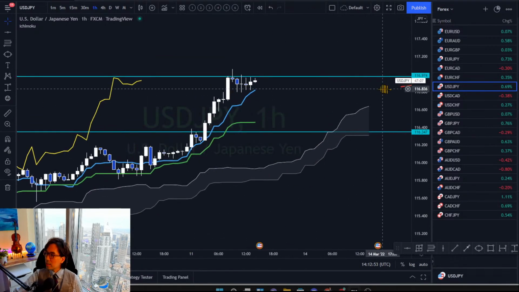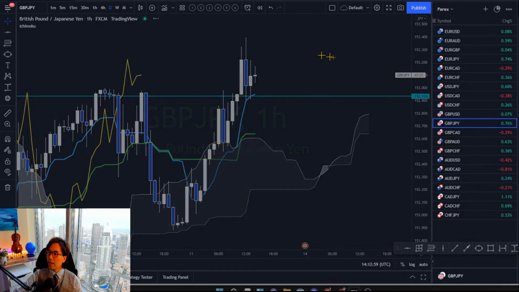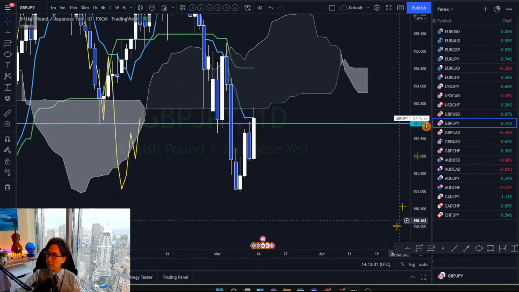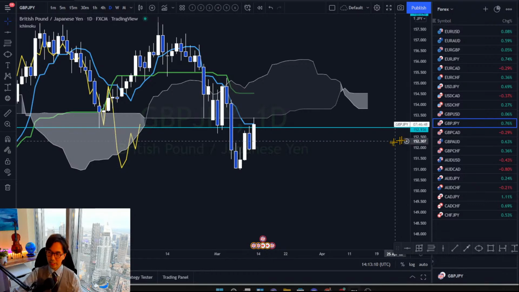So let me cover some other JPY pairs first. Let me go to the pound JPY, starting from the daily time frame. Okay, the market is retracing back to Tenkan Sen and also the previous support level 152.93.